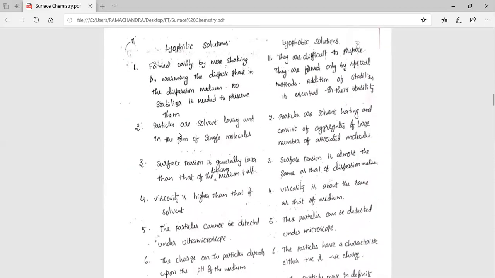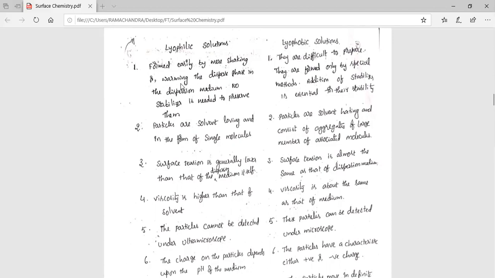So here we see the differences between the lyophilic solutions and lyophobic solutions. So what are the differences? Let's see. The formation of lyophilic solution particles is easy, formed easily by mere shaking.